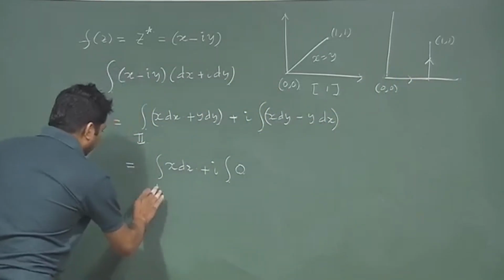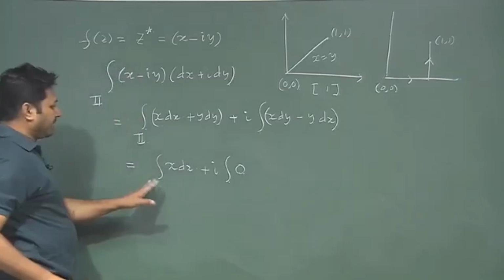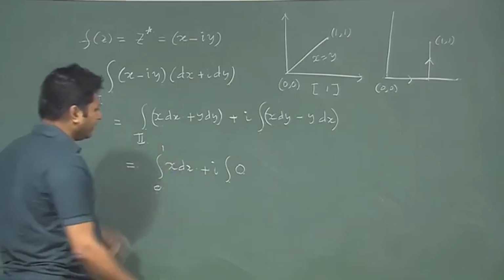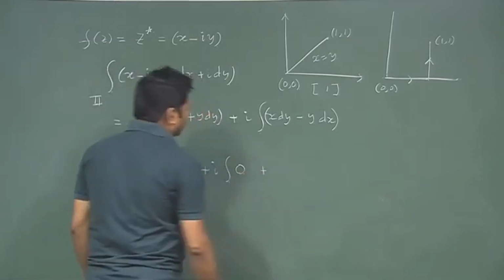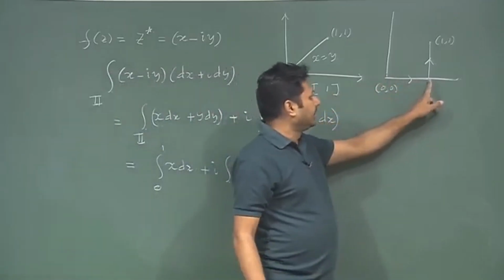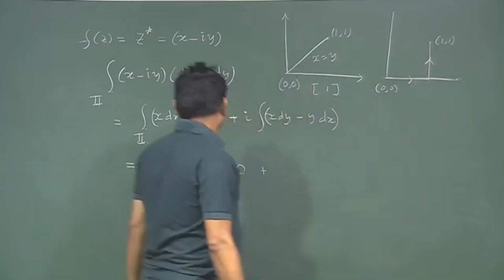The limit for this first part is 0 to 1. What about the second path, the second portion of this path? What happened?